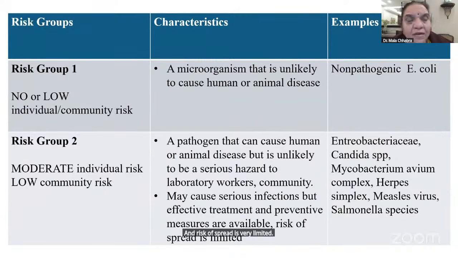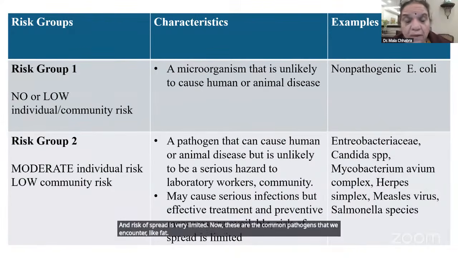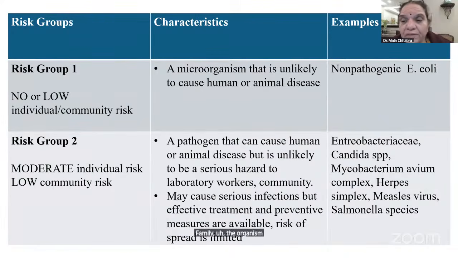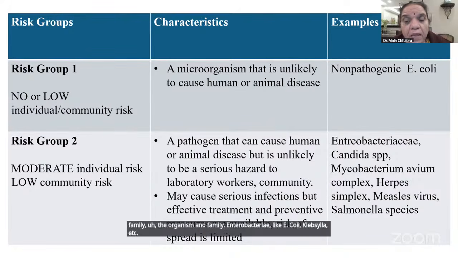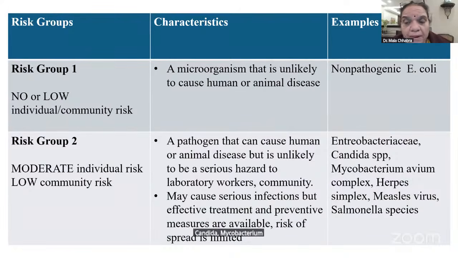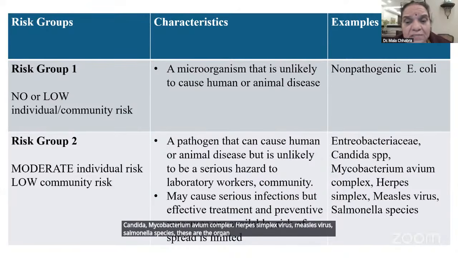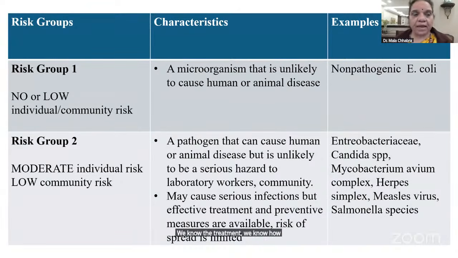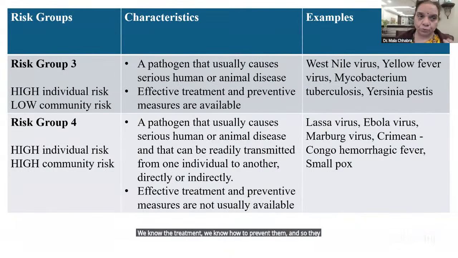These are the common pathogens that we encounter, like organisms in the family Enterobacteriaceae, like E. coli, Klebsiella, etc., Candida, Mycobacterium avium complex, herpes simplex virus, measles virus, Salmonella species. These are the organisms which can cause disease. However, we know the treatment, we know how to prevent them, and so they constitute risk group 2.